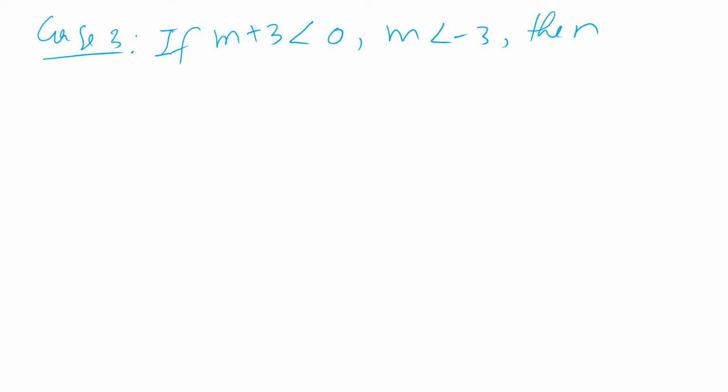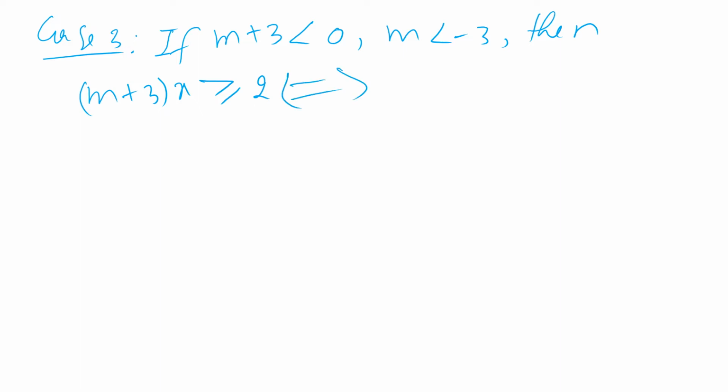Case number 3. Now we have, if m plus 3 is less than 0, or we have m which is less than negative 3, then m plus 3 times x which is greater than or equal to 2 is equivalent.